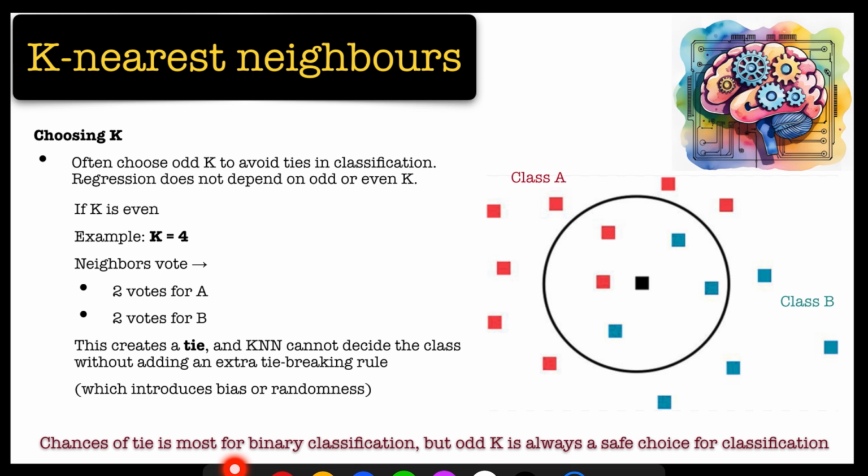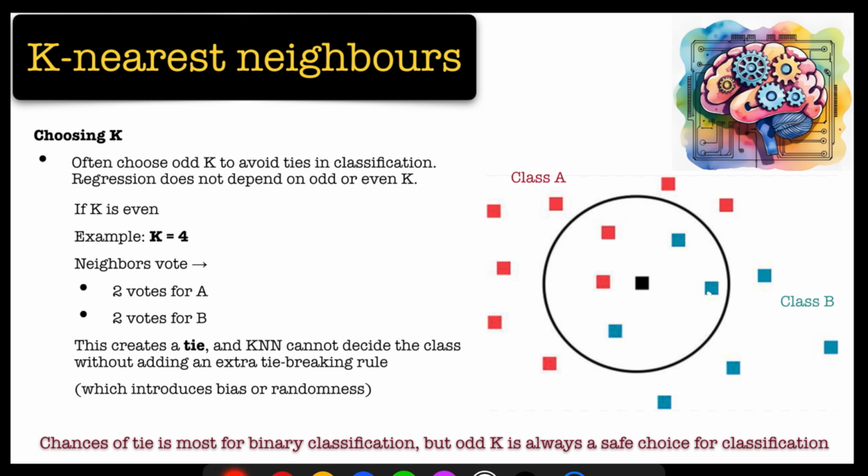Next, we often choose odd k to avoid ties in classification. Regression doesn't depend on odd or even k, but let's say k is even for this example. This is the new point and we have two classes, class A, the red class, and class B, the blue class.